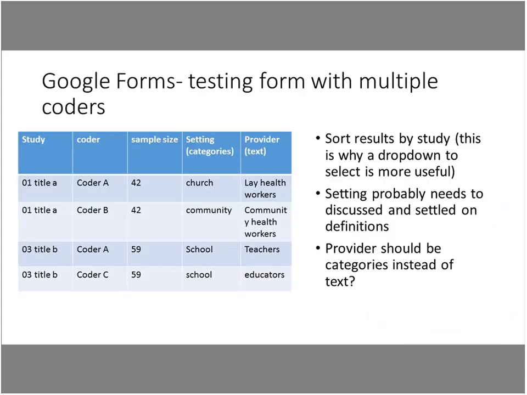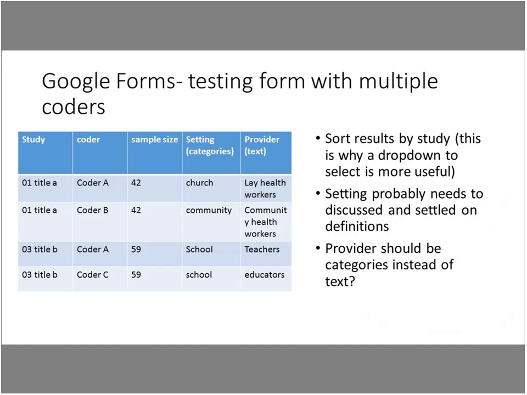So I just had this slide right here to show a little bit about what I do when I'm double coding. So when I look at that table, I'll sort by the study name, and then you kind of see that it falls into this. And this is something that I'll do early on in the process, because I want to see how we are coding, and whether there are issues with the questions.